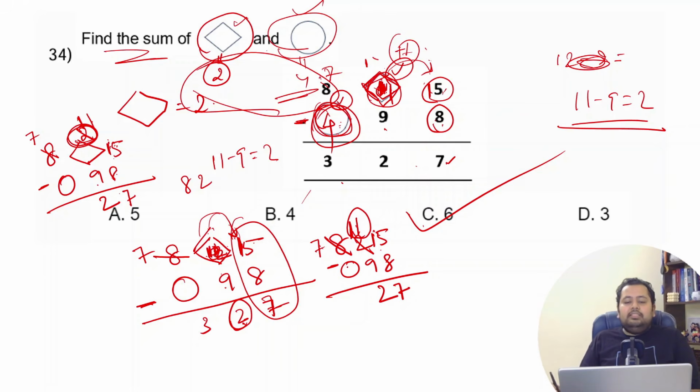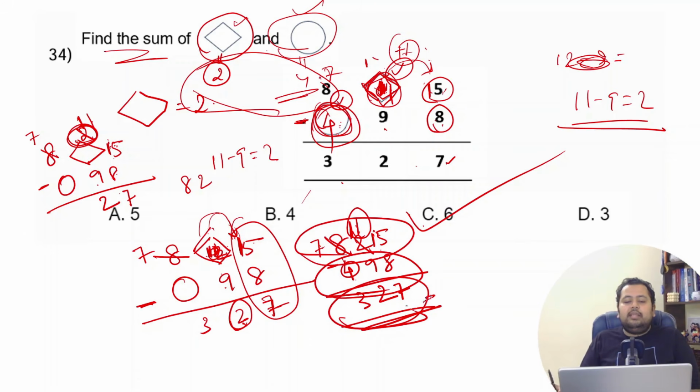And then you have 7. 7 minus 4 becomes 3, right? 327. So this is the equation, right? 825 minus 498 is 327. So this is initially 2, and this is 4. So 2 plus 4 is 6, and that is the correct answer. Hope you got it correct. Hope I was able to explain that to you.